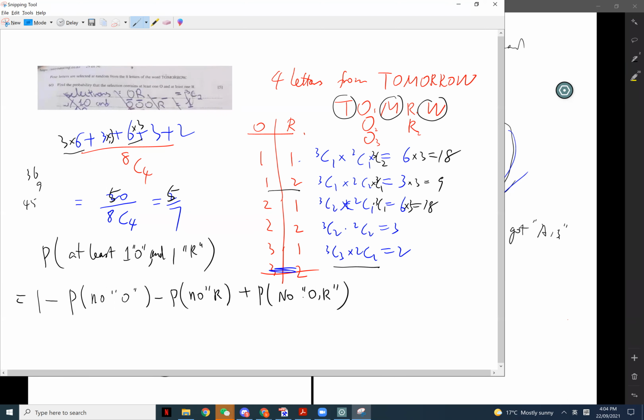Yes. Why plus no OR? Because that's the overlap. Yes, overlap. Because when you minus no O and minus no R, you minus no OR twice. So we plus.